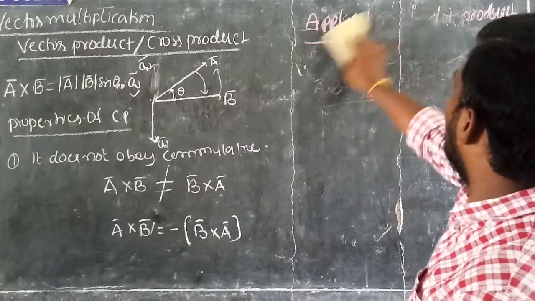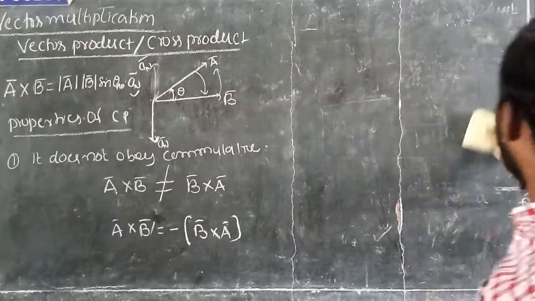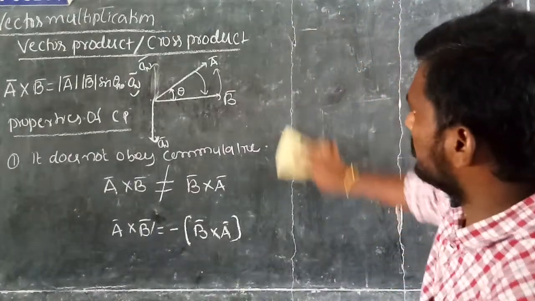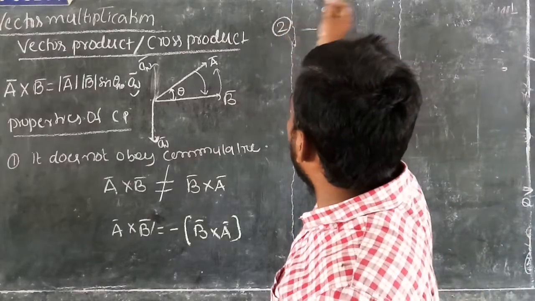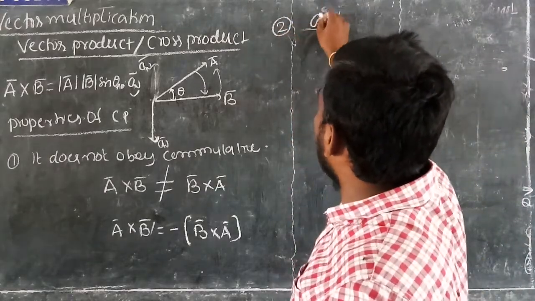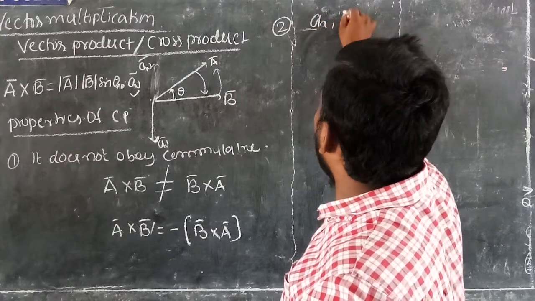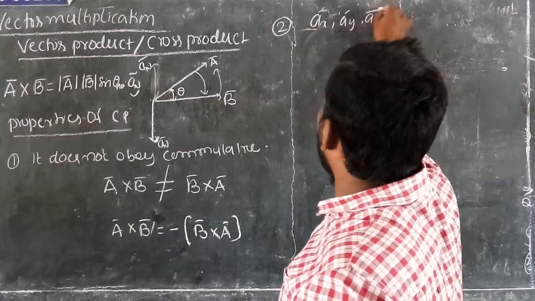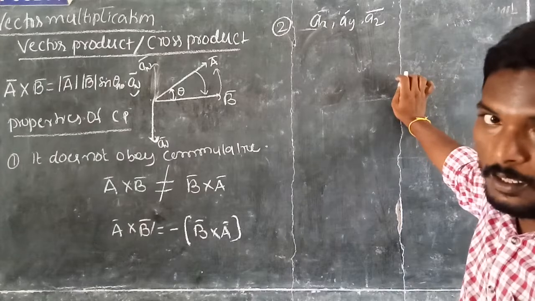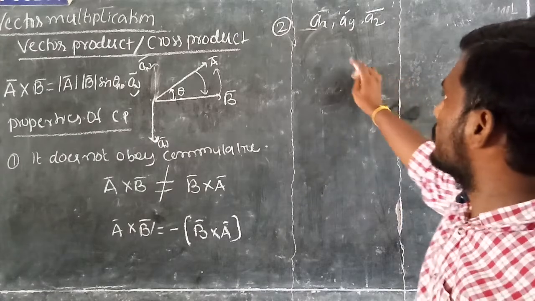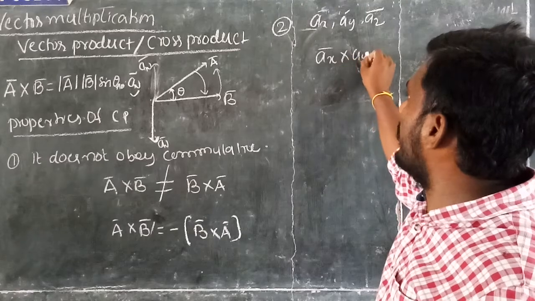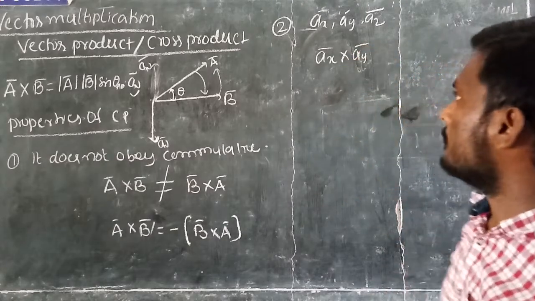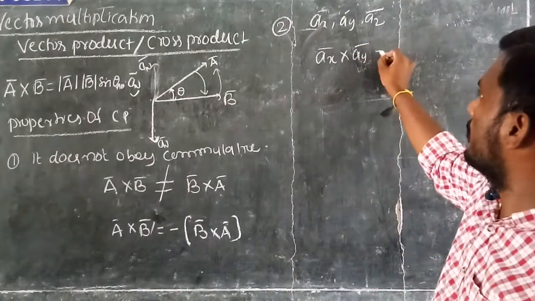So now we try to calculate the very important property in the Cartesian coordinate system, where we have Ax, Ay and Az, the unit vectors which are oriented along their respective axes. If you calculate the cross product between Ax bar and Ay bar, what will you get?